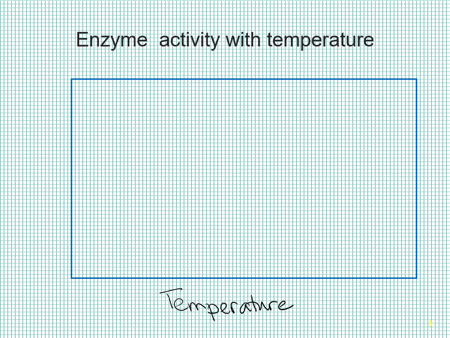In this case, I'm not going to put specific numbers on here because that's going to vary with the organism. We're just going to basically indicate that you're going from a low to a high temperature, so you know what direction this is going. And then on the y-axis, I'm going to put some sort of a measure of my enzyme activity.